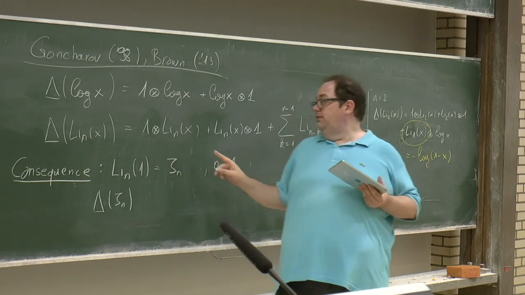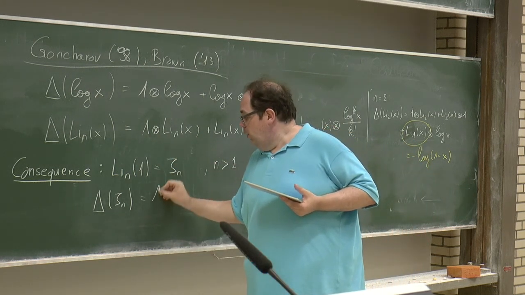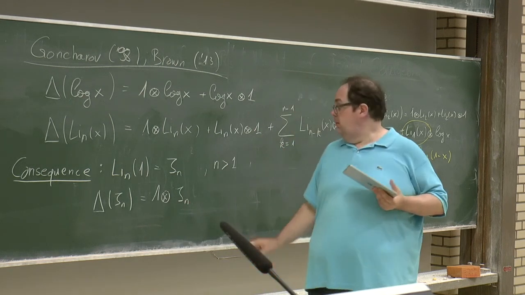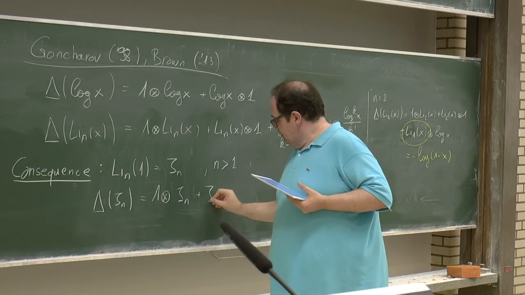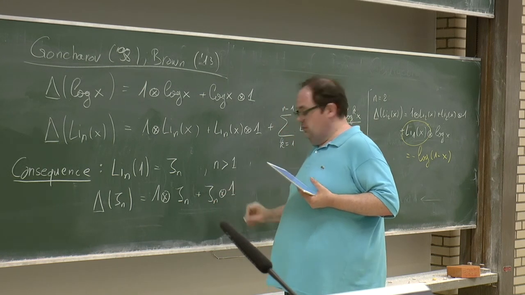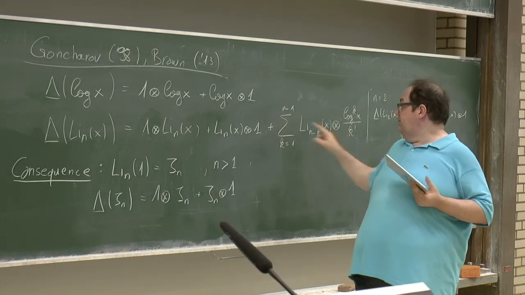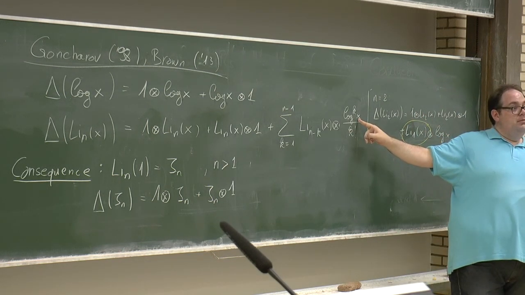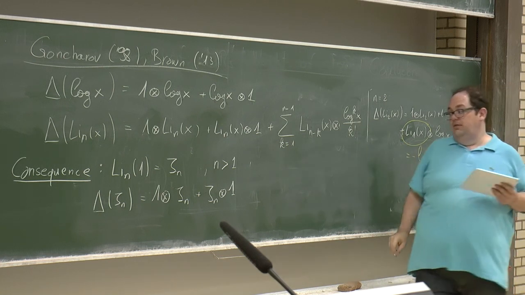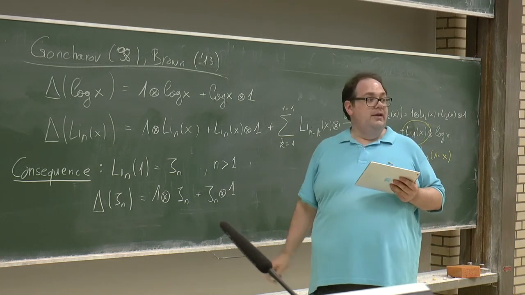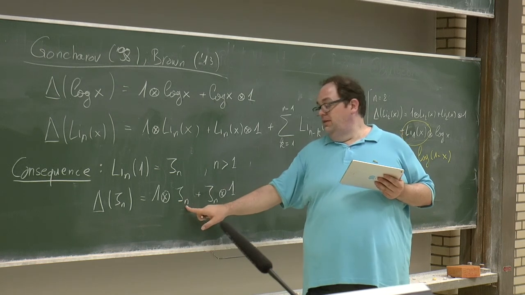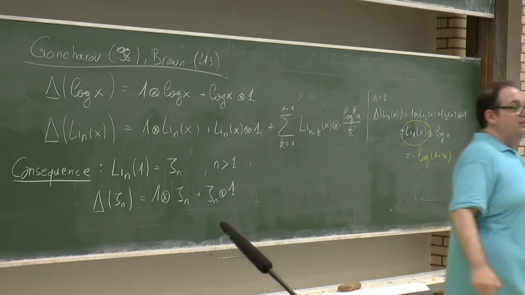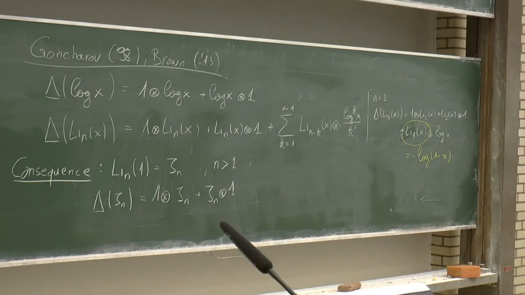And for Li_n of 1, I use this formula, so I get 1 tensor zeta n, plus zeta n tensor 1, plus, well, here you have log of 1, so all these terms are actually 0. So you find that the coproduct of zeta n, for integer n greater than 1, has this minimal form. It's very beautiful.